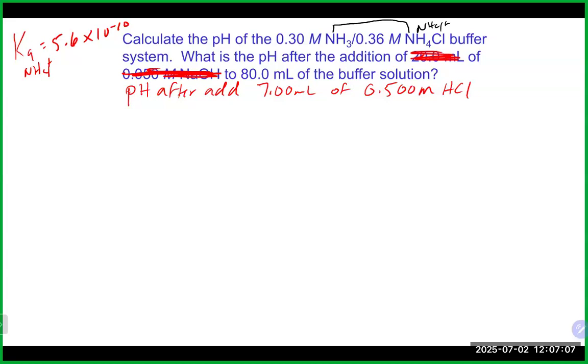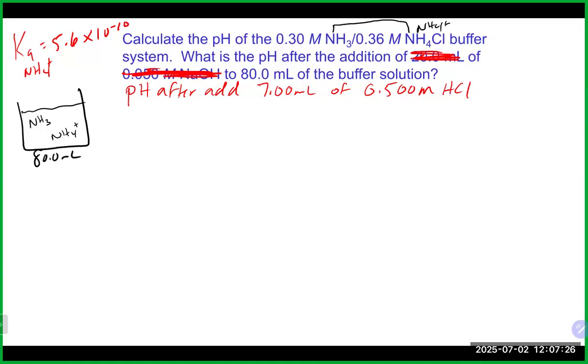Because we need to do this ice table, we need to do it in moles. So once again, we're going to get the moles of everybody. We do have our 80 milliliters of our buffer here. That does contain both parts of our buffer in there.